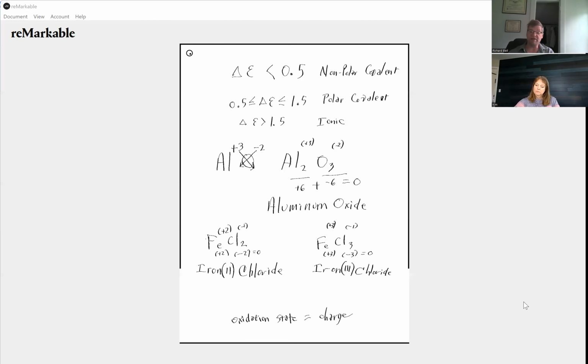So on the left, we have iron(II) chloride. And on the right, we have iron(III) chloride.